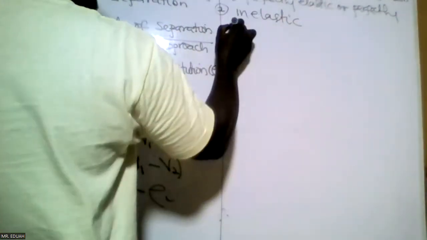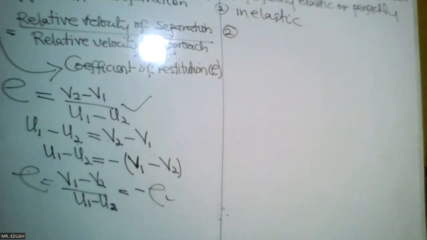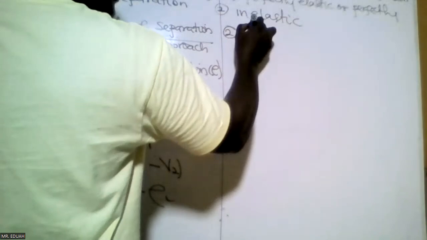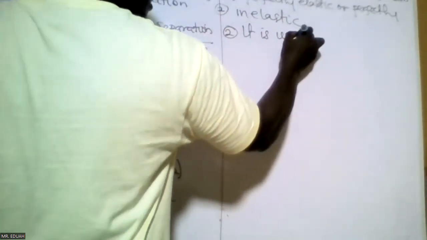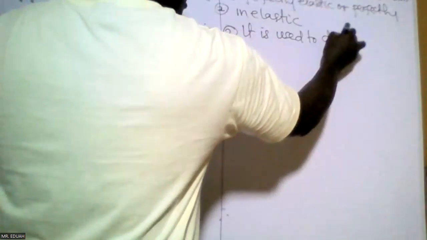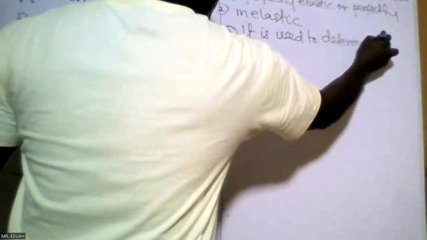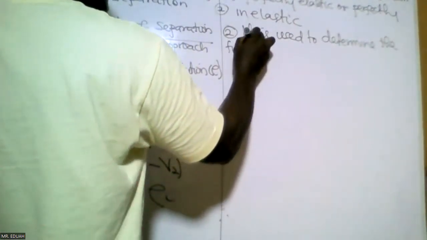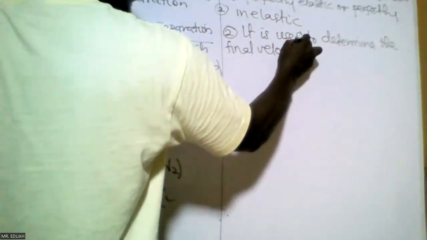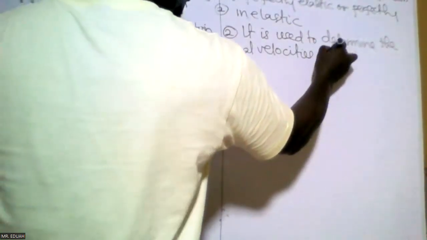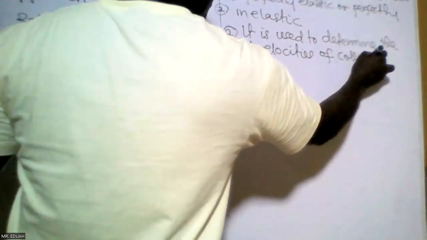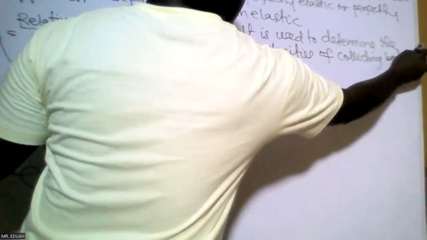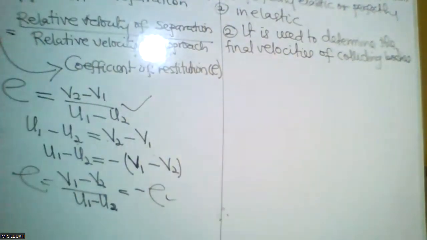So the second use of the coefficient of restitution is that it is used to determine the final velocities of colliding bodies. And that's what we've just used.